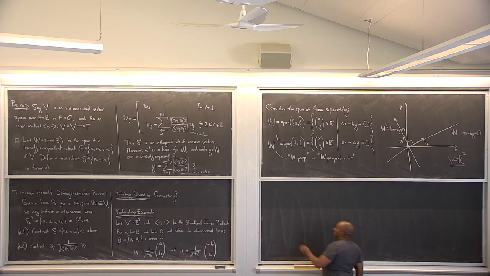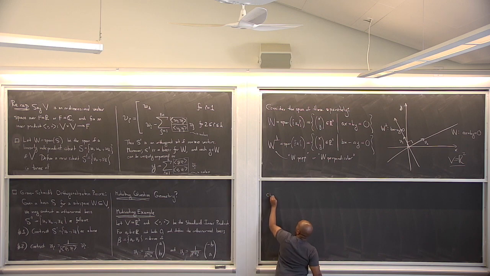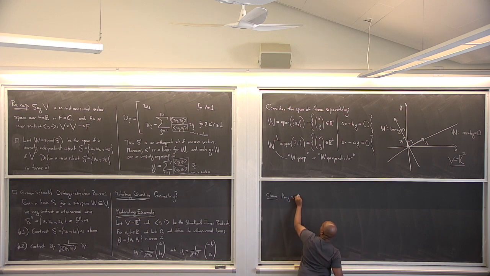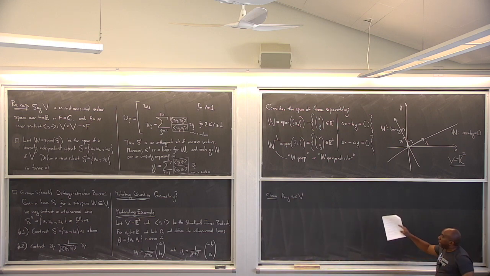Now, we have a claim that says any vector can be written as linear combinations of u1 and u2.